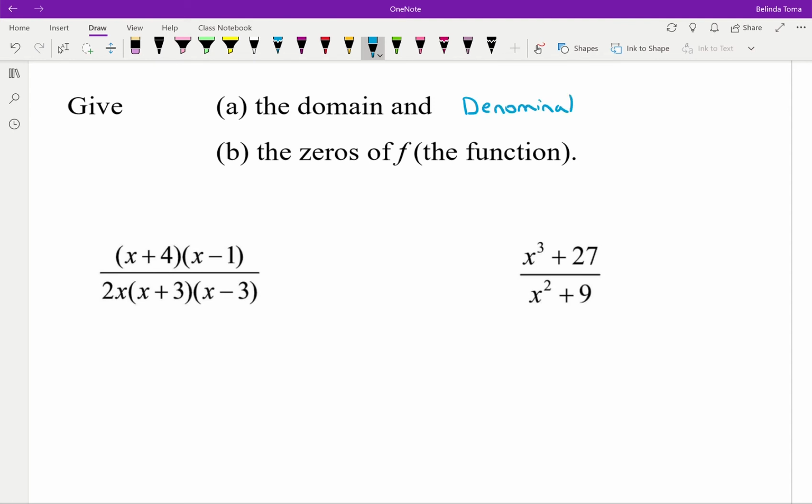And the zeros are the values that make the numerator equal to 0.